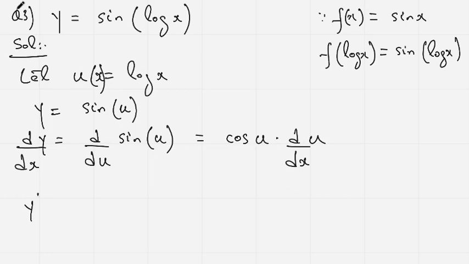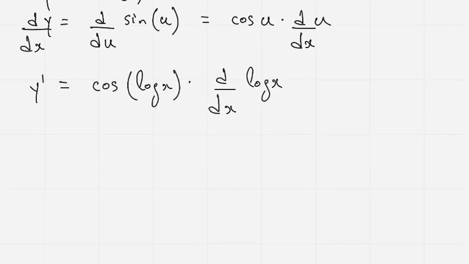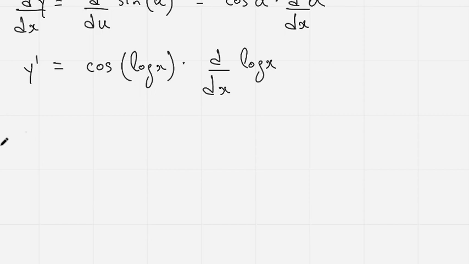Now my y prime is going to be cosine of log of x, now I'm restoring the original form, times the derivative of my log x. As I told you, the derivative of log x is 1 upon x, so finally my y prime is going to be cosine of log of x multiplied by 1 upon x.